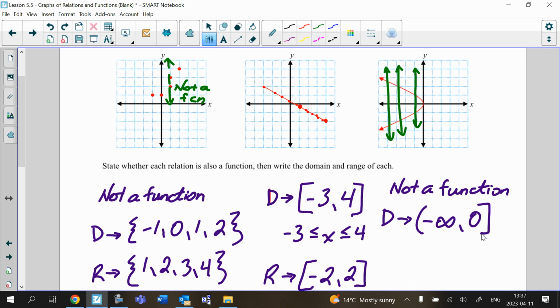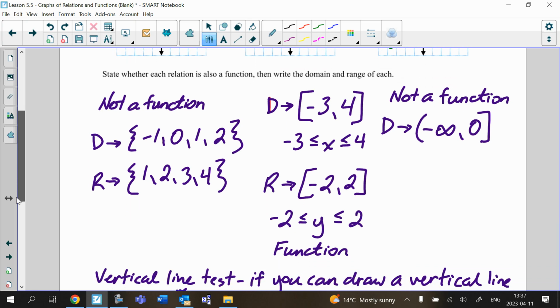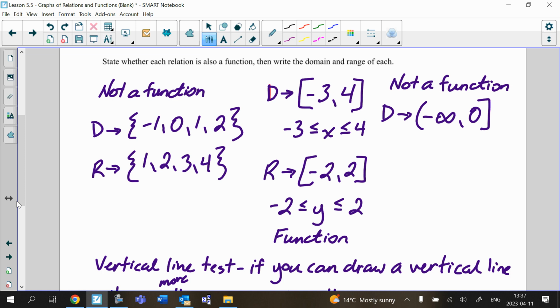Now, what's the range? Remember, range is lowest point to highest. Negative infinity to infinity. Because, well, look at this. Not only does this go to the left, it keeps going down forever.